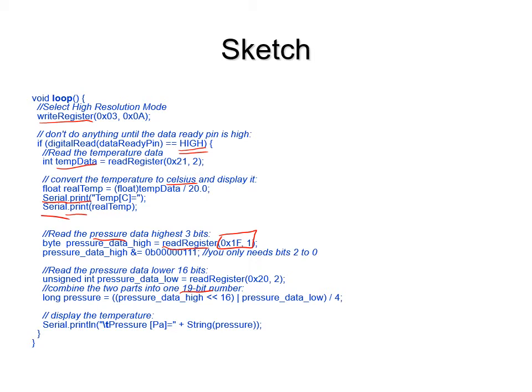Therefore, it will separate the data into two parts. Firstly, it reads the most significant 3 bits into the parser data high, and this operation will ignore the first 5 bits and only keep the last 3 bits in the data.